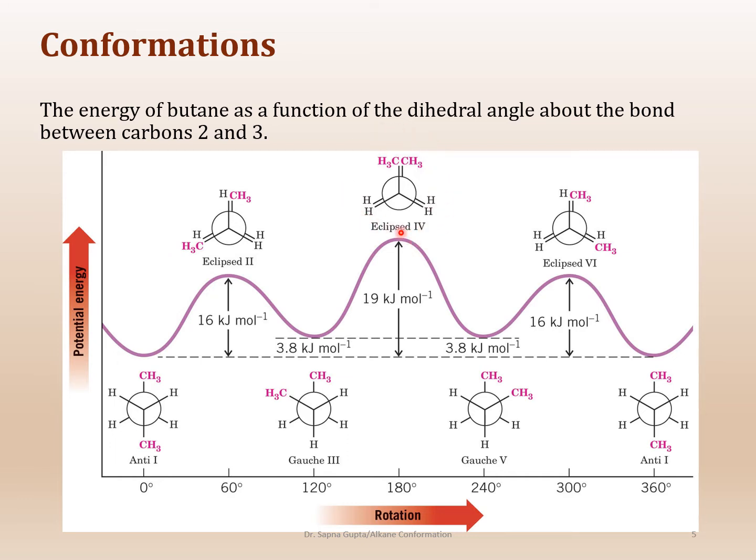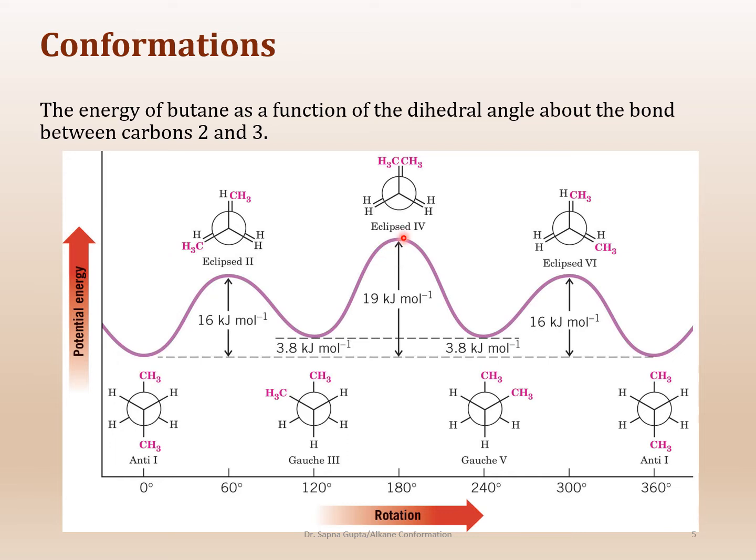And this is a true eclipse structure, because now you have a CH3 right behind another CH3. And so these two CH3s have a 0 dihedral angle. And if it's a 0 dihedral angle, then it's going to be a highly stressed out molecule because you have 2 huge groups behind each other. So that is what we call the steric strain.